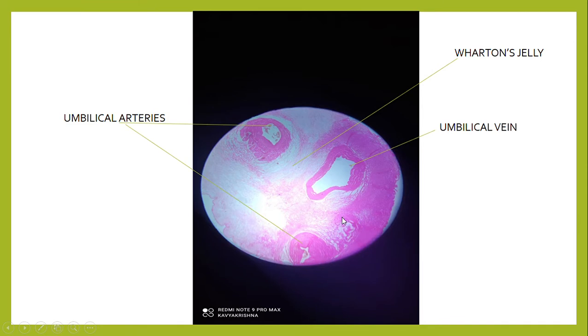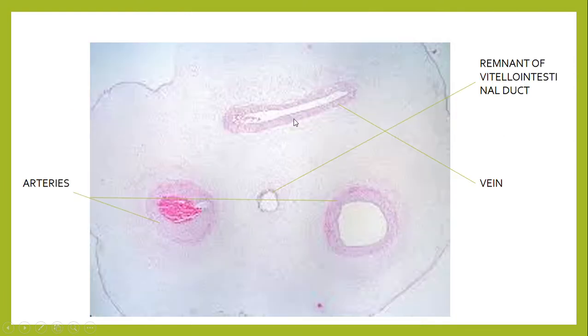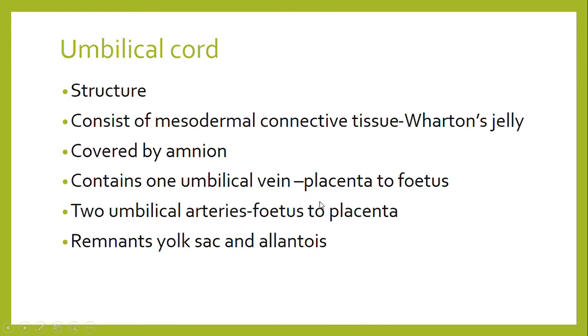Usually we study all the slides under 10x, but here I have used 5x because we want to see all these features in a single view. These are the umbilical arteries and vein. These are the major features in a cut section of umbilical cord, and it is very easy to identify. This is the unique feature, like two eyes with a mouth, isn't it? Can you feel like that? That is the speciality of the umbilical cord.